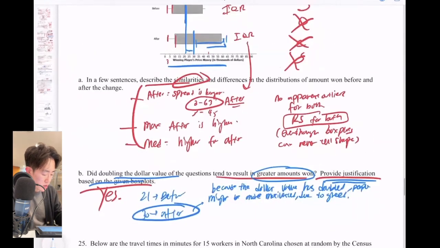Because they double the value, they're more greedy and much more motivated to play the game and get those questions right. Therefore, there are greater amounts won for those questions. Simple human behavior, right? More money given, they're going to be more driven to play, more driven to win.